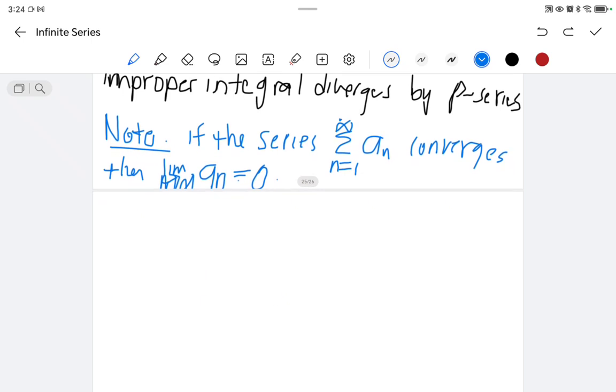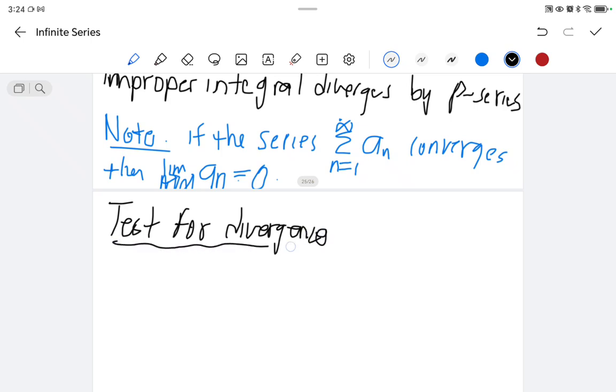If we are going to test for divergence, then we're testing for convergence. If we're going to test for divergence, then we should know that the limit is not supposed to exist. Remember from the sequences, you were finding the limit first. If you find that it does not exist, then automatically you know that the sequence diverges. If you found that it exists, then you can prove that it converges.